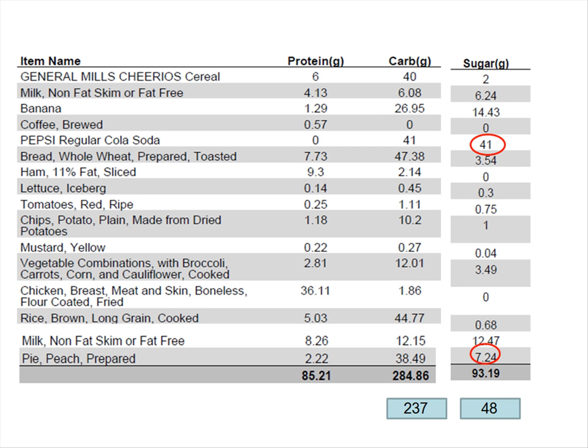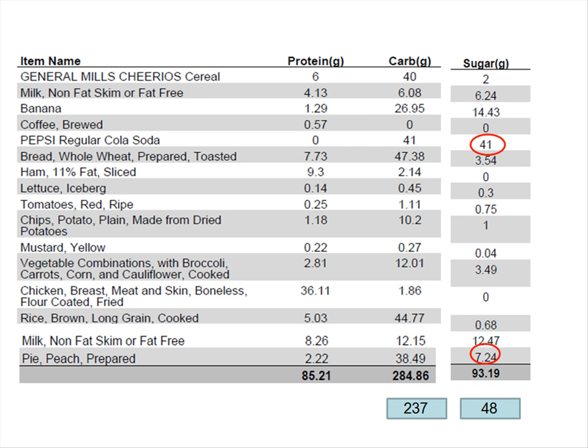And what you're going to do is go into each individual day and look at your sugar column. Now, your sugar column is going to be a couple pages away from your total carbohydrate column. So what I've done is I've just copied and pasted the sugar and carbs together so we can see those. But yours is going to be a little bit separated by some other columns.